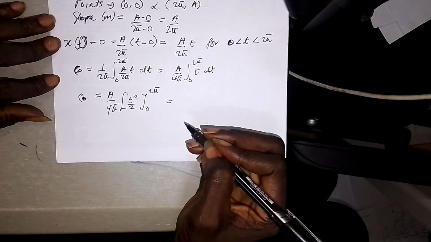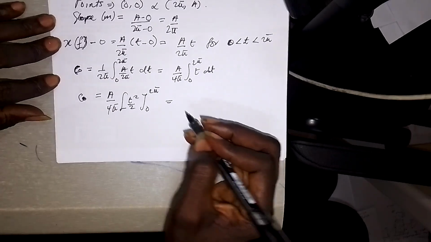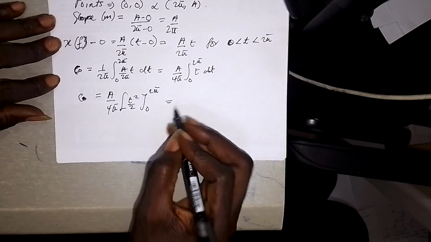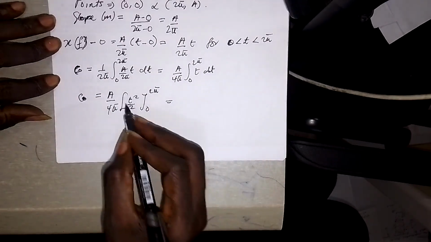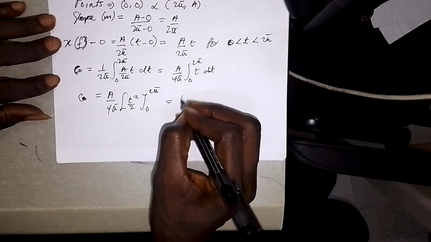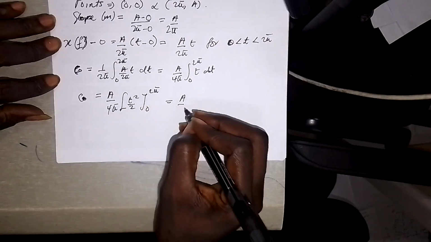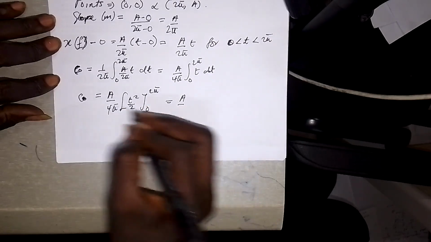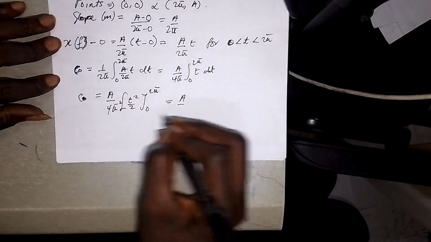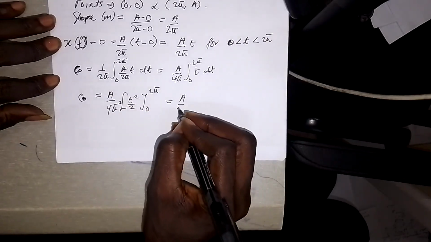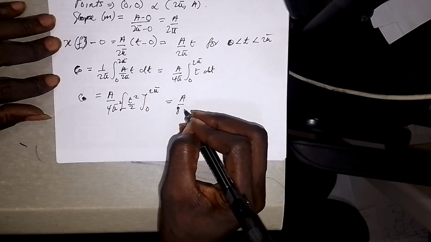So what it's going to give me is a over 8, and the place here is supposed to be pi squared.